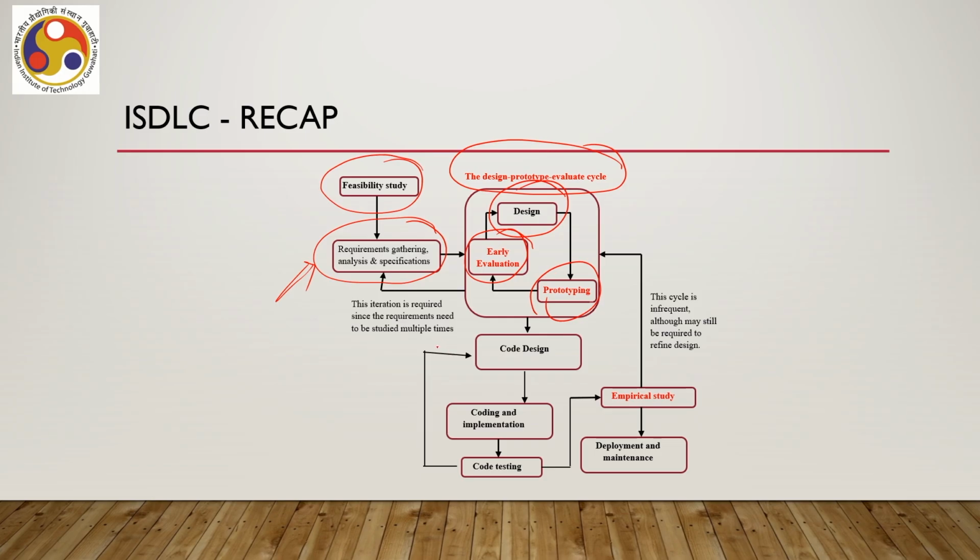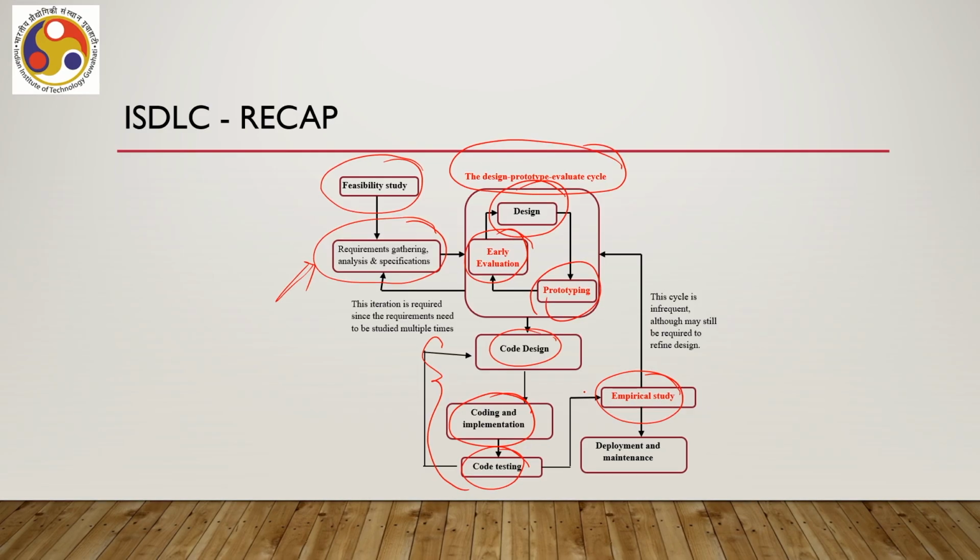As I mentioned before, we are not going to talk about these three stages, namely code design, coding and code testing. These follow the standard methodologies that are already there for any system development. Our remaining interest is in empirical study, which essentially deals with evaluating usability of the developed system with end users.